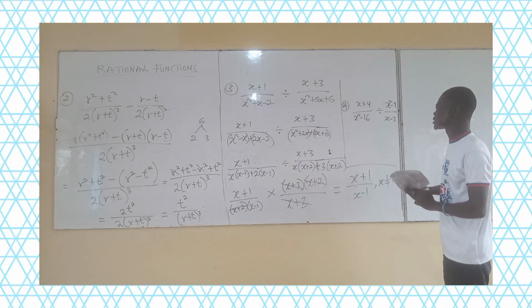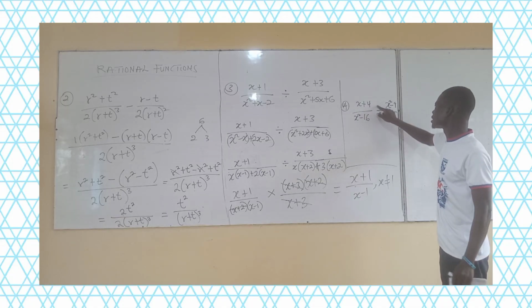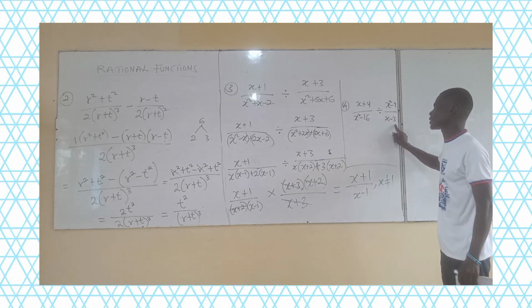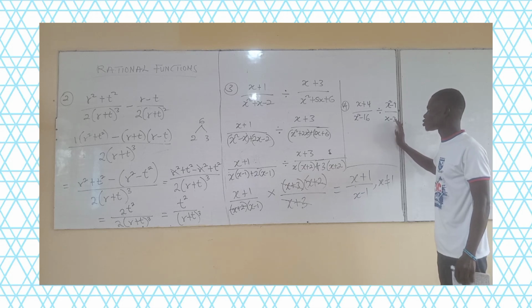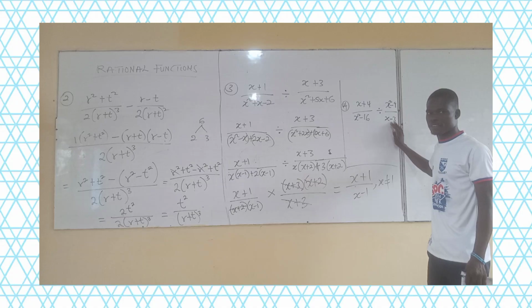So we are looking at how to solve x plus 4 over x squared minus 16 divided by x squared minus 9 over x minus 3. So on this note, I'll leave this question for you to solve yourself.